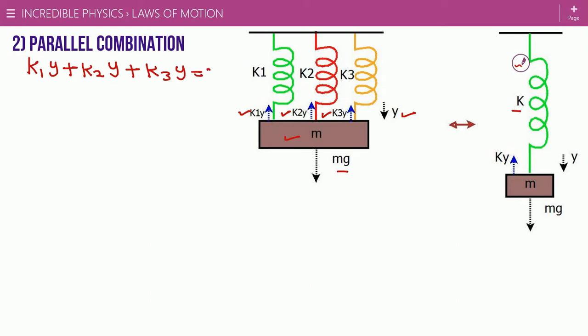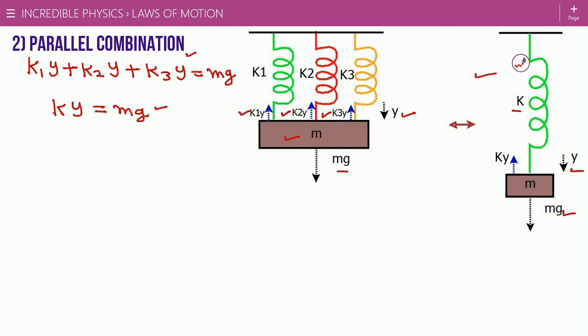For the equivalent spring, we can say that it has the same elongation y, and it has the same force due to gravity, mg. Then we can say that force ky is balanced by mg. So for these two equations, the right hand sides are equal, so we can compare the left hand sides as well.